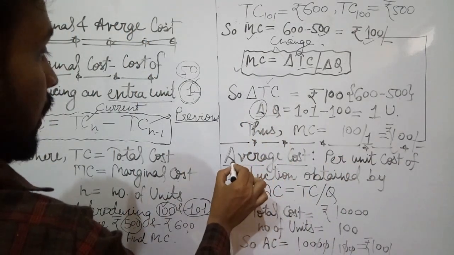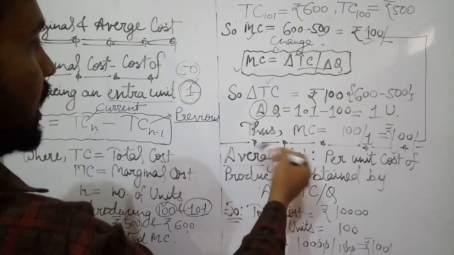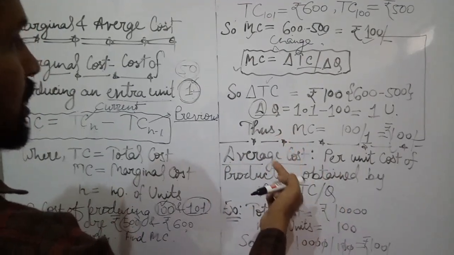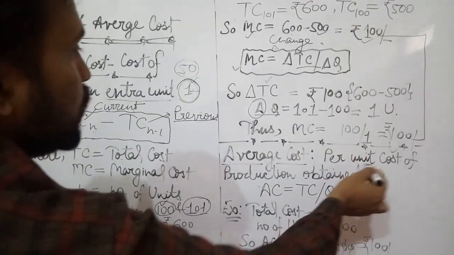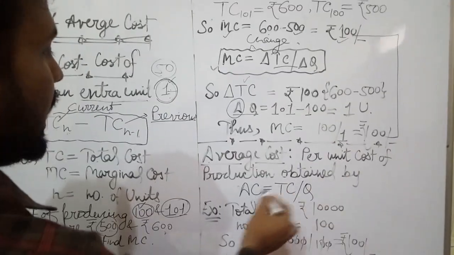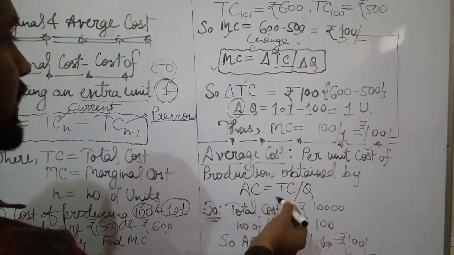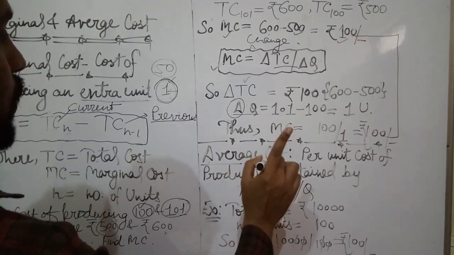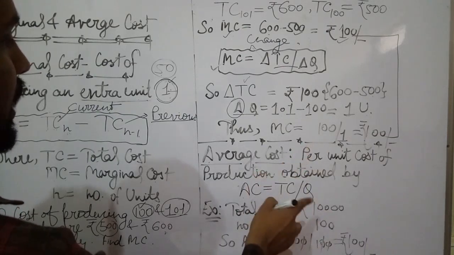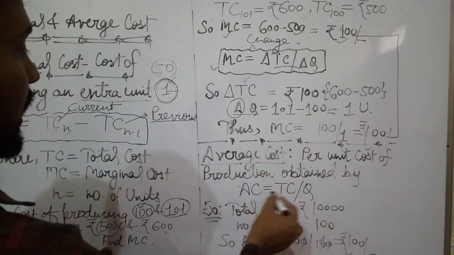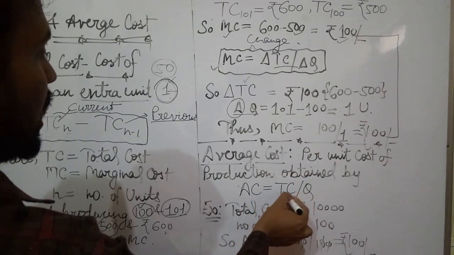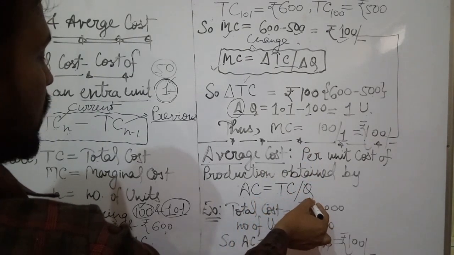So coming to the next topic, that is average cost. It simply means the cost of one unit, the per unit cost of production. Average cost means the cost of one unit, and it can be calculated as AC is equal to TC upon Q, that is total cost upon total quantity.